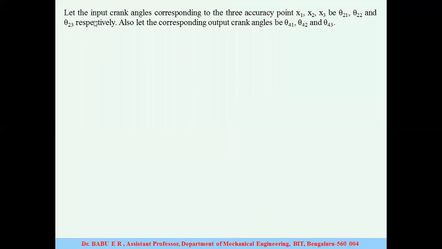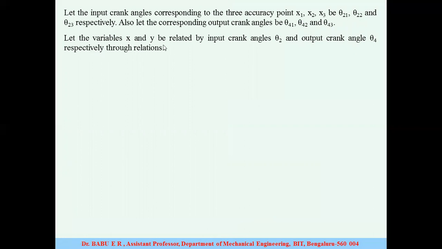Now let the input crank angles corresponding to the three accuracy points x1, x2, x3 be theta 21, theta 22 and theta 23 respectively, and the corresponding output crank angles be theta 41, theta 42 and theta 43 for y1, y2, y3.